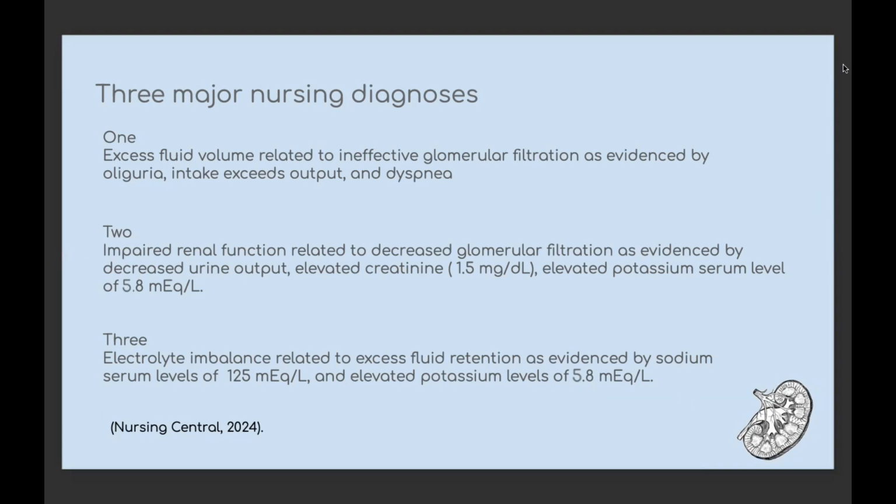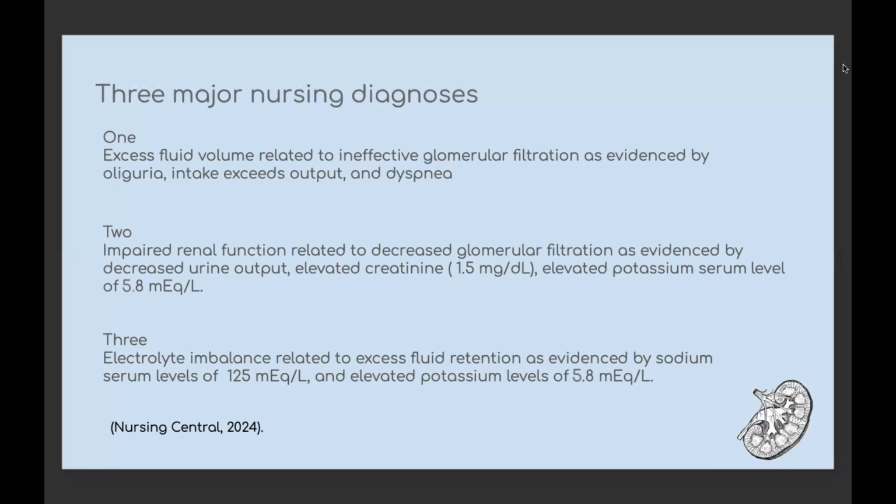For number two, impaired renal function related to decreased glomerular filtration as evidenced by decreased urine output, elevated creatinine levels, and elevated serum potassium levels. For number three, it's electrolyte imbalance related to excess fluid retention as evidenced by serum sodium levels of 125 milliequivalents per liter and elevated potassium levels.